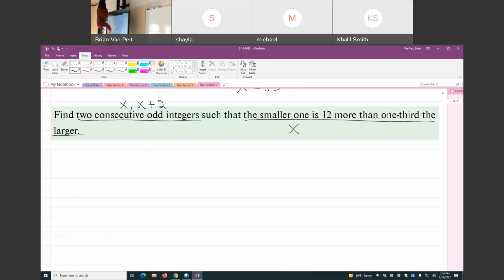X is 12 more than 1/3 of the other one. So that way you're able to write the equation directly underneath that sentence. To solve this equation, what would you do next?